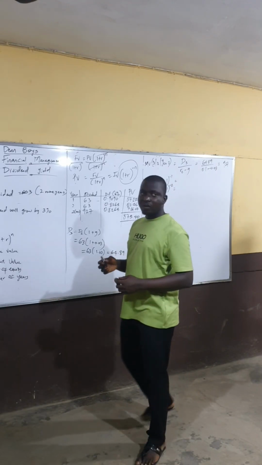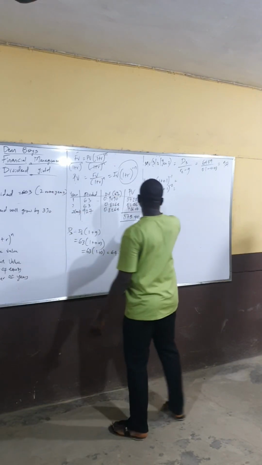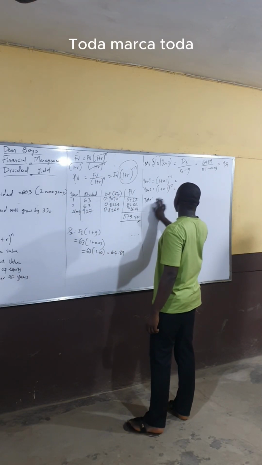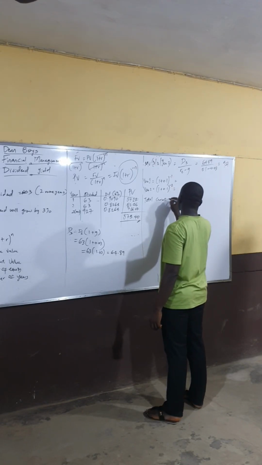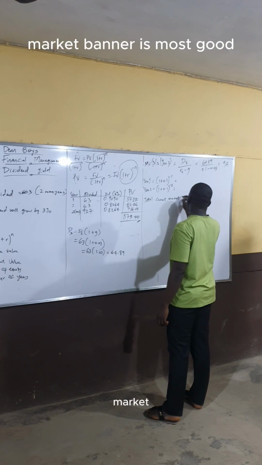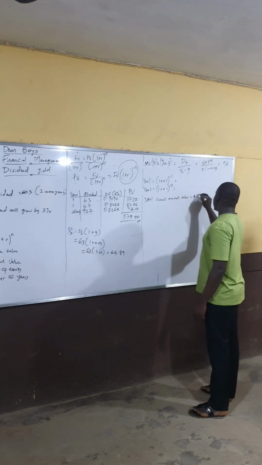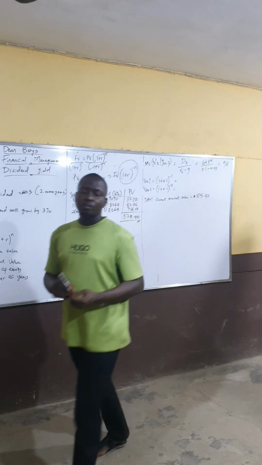So that's the market value. So the total current market value equals 875.40. So that's it.